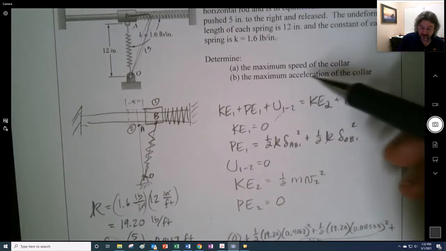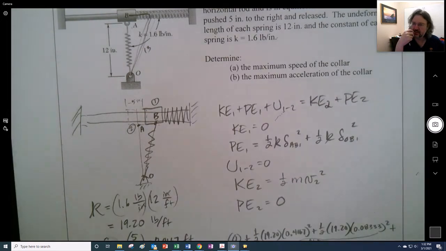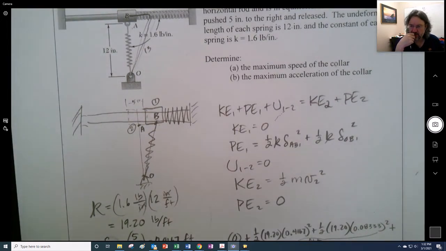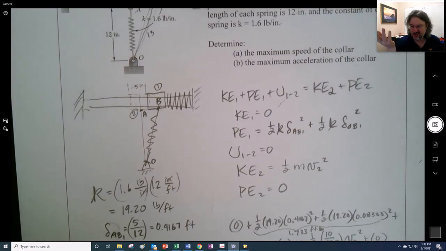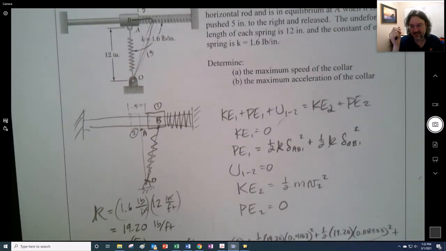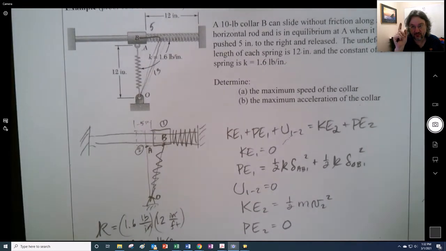Now we want to try to get the maximum acceleration of the collar. Now we can't use a strategy where we find the velocity and then find the constant acceleration, because it's not a constant acceleration problem, because the force varies with position, right?